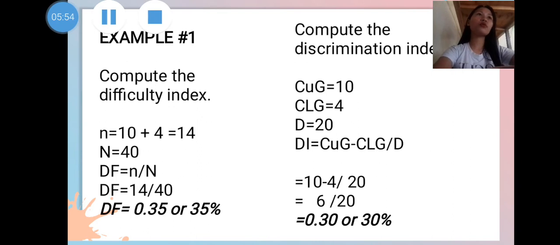Why is the interpretation part important? It's because the interpretation will be our feedback on how to deal with the particular item. So, check the value for DF and also the value of DI. The DF is the difficulty index, and DI is the discrimination index.